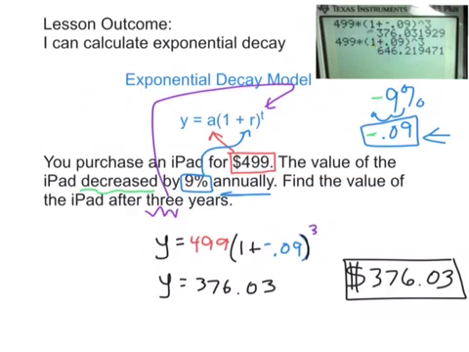Now if you think about this for a minute, that answer doesn't make sense. So to put that answer on your paper and circle it or whatever, it doesn't make sense because it tells you that the iPad's value is decreasing. If it started out worth $499, it should not now be worth $646. That's an important part of math, is checking the reasonableness of an answer. So always think about that when you're doing these decay problems.